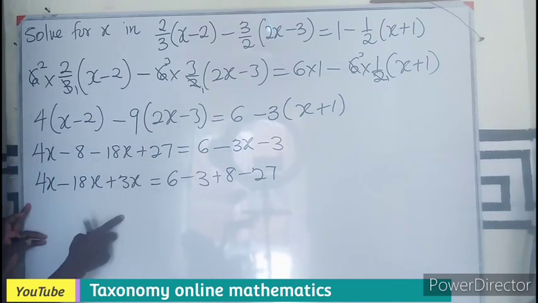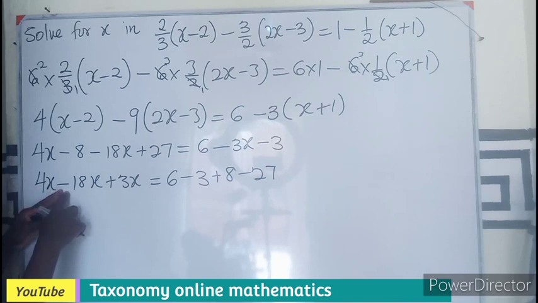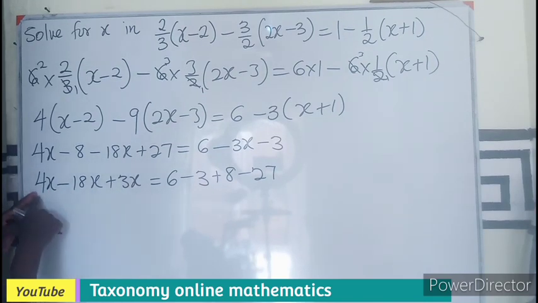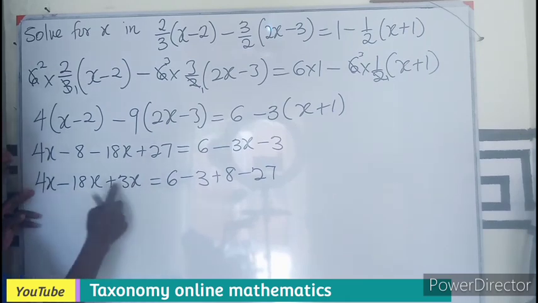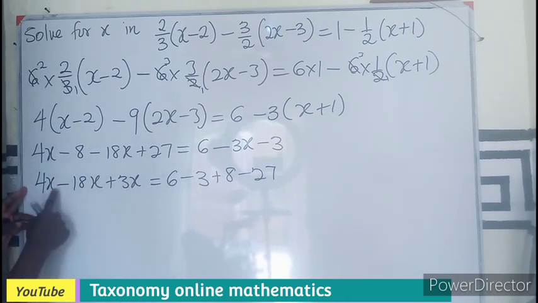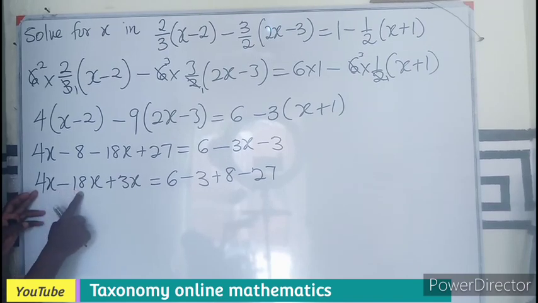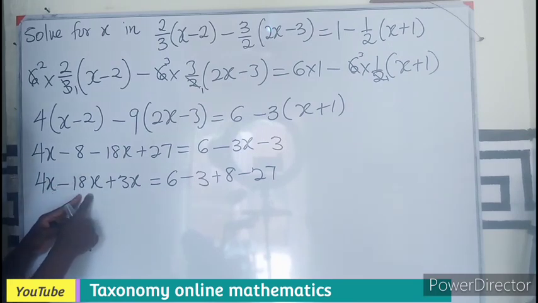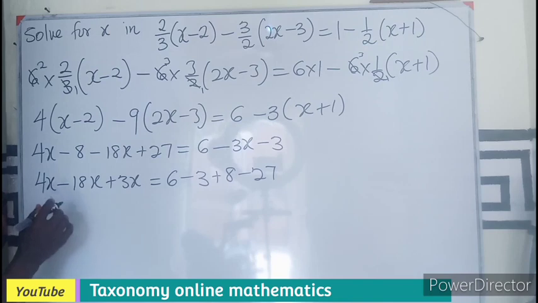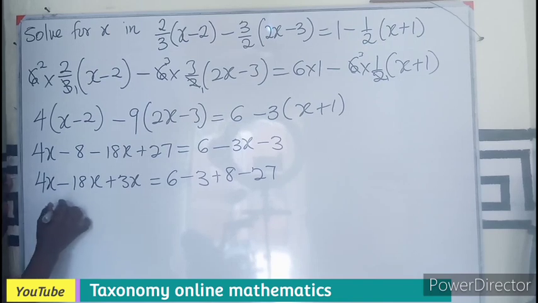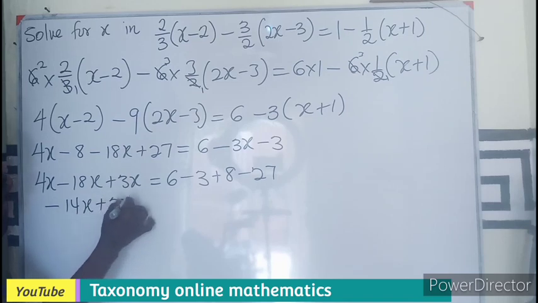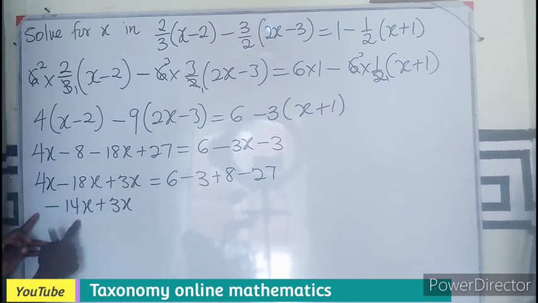So per this calculation, when we have plus and minus in an algebraic expression, we solve from left to right. First of all, I will take 4 minus 18. The x is just to tell us a quantity. So there are 4 of a quantity and 18 of the same quantity. If you subtract, you get a negative answer, which will be negative 14x plus 3x. So negative 14x.